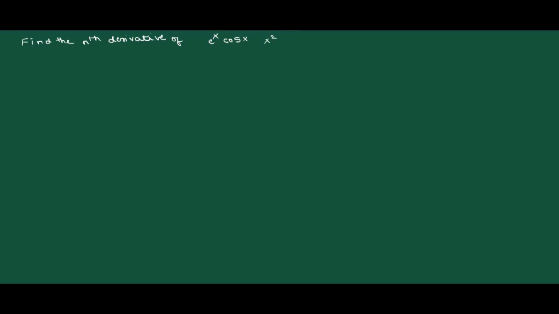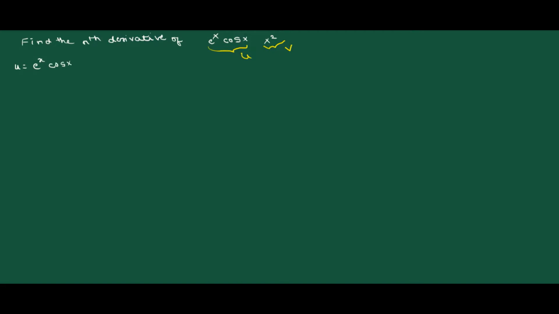So in this case, this is nothing but u value and this x square is nothing but v value. So first I will write u is equal to e raised to x into cos x.